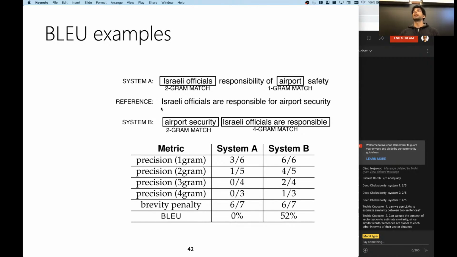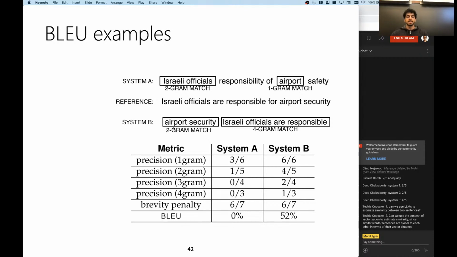Now let's look at bigram matches. Israeli officials, this phrase matches exactly the reference, but you can see officials responsibility of airport safety, none of these bigrams in candidate A match with the reference bigrams. So system A gets a 1 out of 5 in terms of bigram precision.